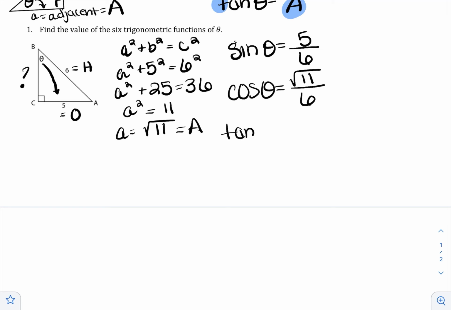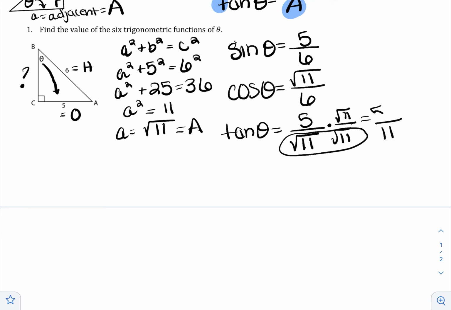The tangent of theta is the opposite over the adjacent. Now, we can't have a square root in the bottom, so we do something called rationalizing. You take the radical and you multiply it to the top and the bottom. Because remember, you can do something as long as you do it to the top and the bottom. So at the bottom here, the radicals cancel each other out. So at the bottom we get 11, and at the top we get 5 square root of 11.